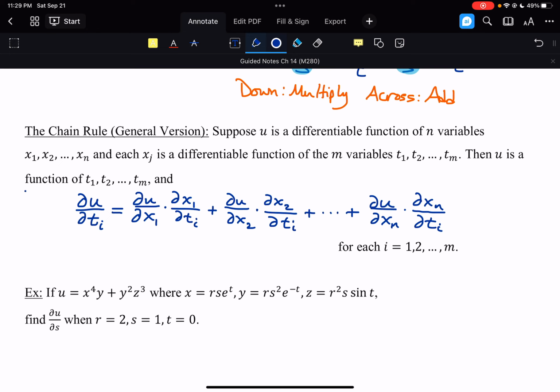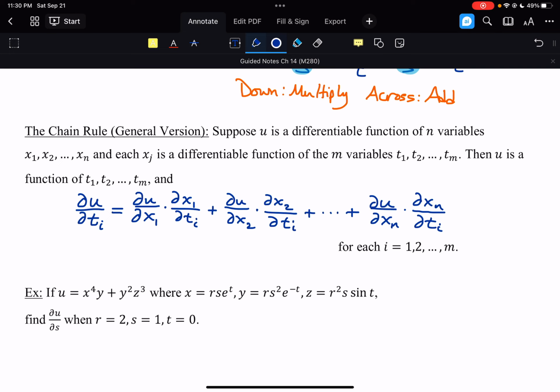Then u is a function of those m variables of t, and this is our general formula. Now, this is a very precise, very mathematically rigorous version of the formula.